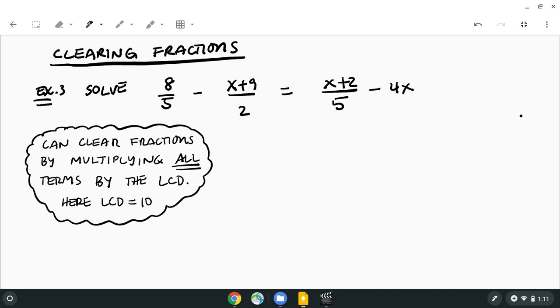Okay, so that's what I'm going to do. I'm going to multiply everything. I have 1, 2, 3, 4 terms, and all 4 of them will get multiplied by 10. I'm going to rewrite the problem down here. 8 over 5 minus x plus 9 over 2 equals x plus 2 over 5 minus 4x. So I'm going to multiply everything by 10.